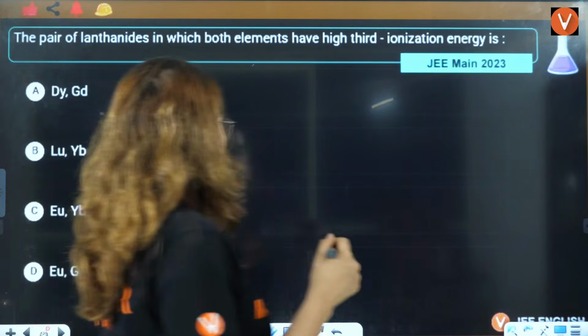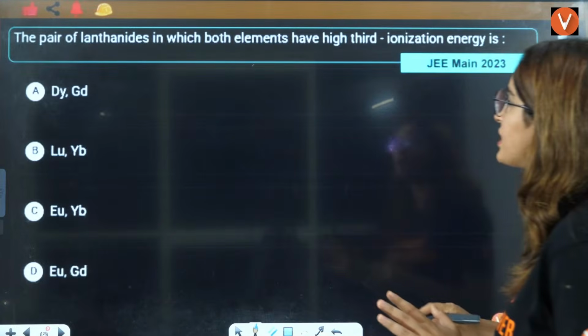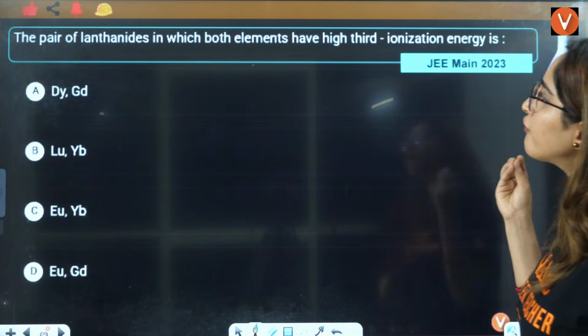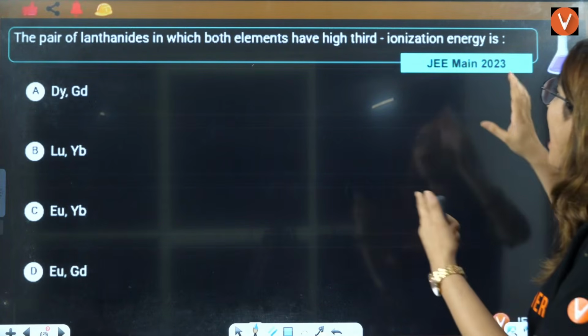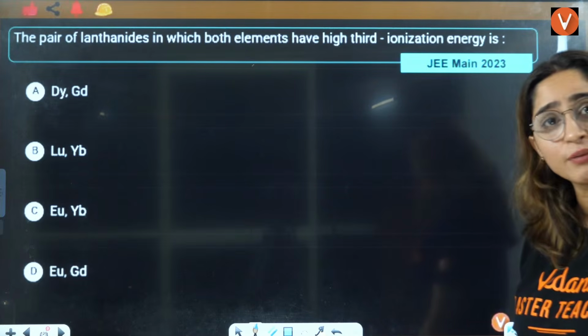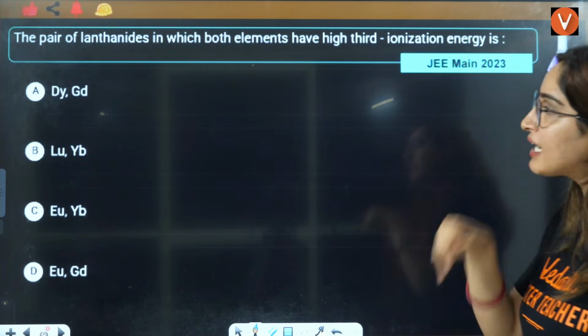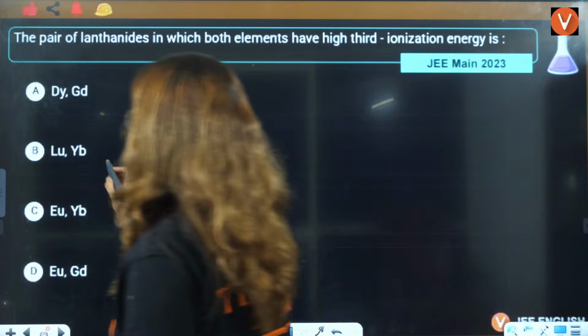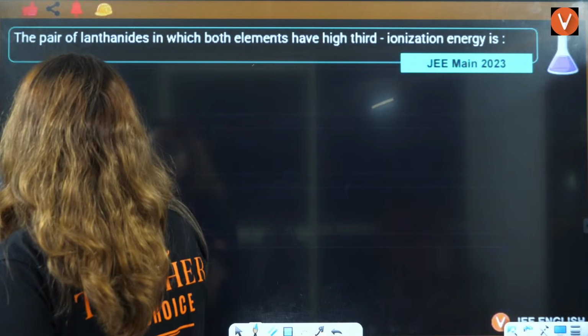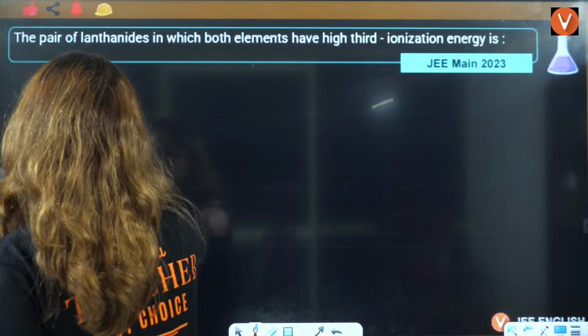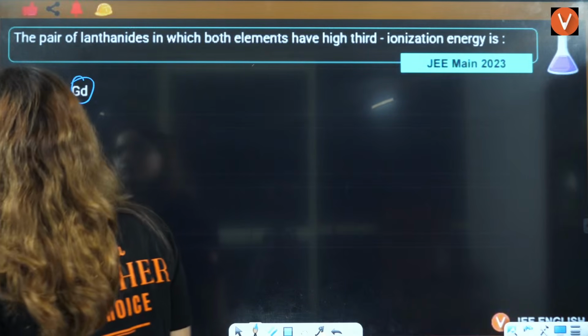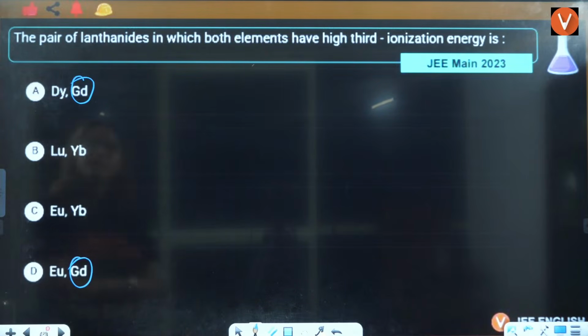Now let's see the JEE 2023 question. Just 5 minutes more. The pair of lanthanoids in which both elements have high third ionization enthalpy. Wait a minute, in which both elements, right? Is it even the right question?